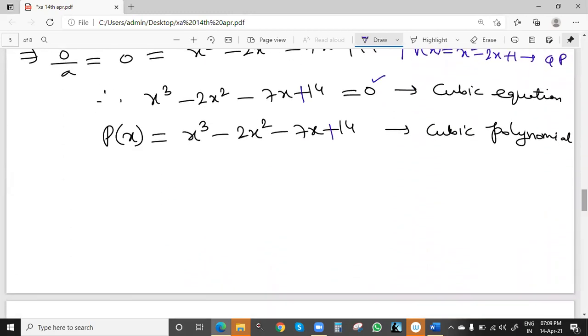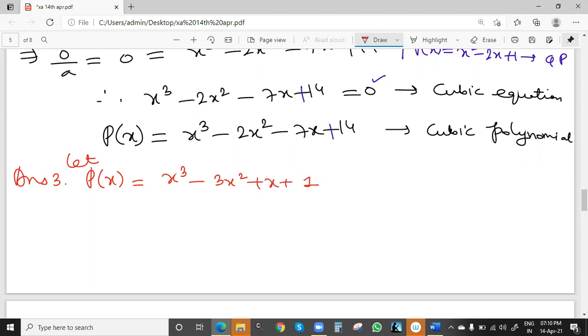See, to write answer 3. A cubic polynomial is given. I will write it in terms of p(x). p(x) is a cubic polynomial. We can write let p(x) equal to x cube minus 3x square plus x plus 1. This is a cubic polynomial, and the zeros are given.